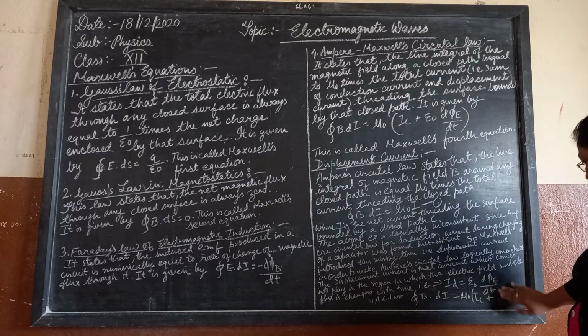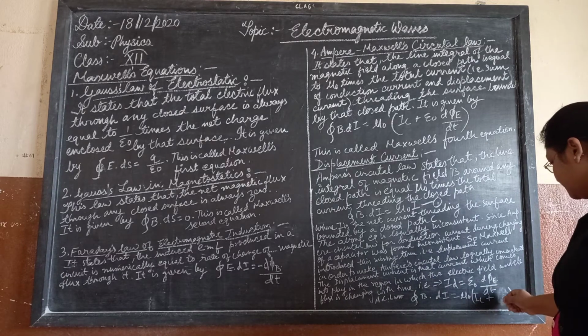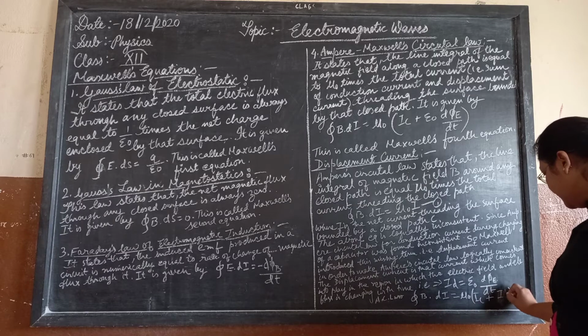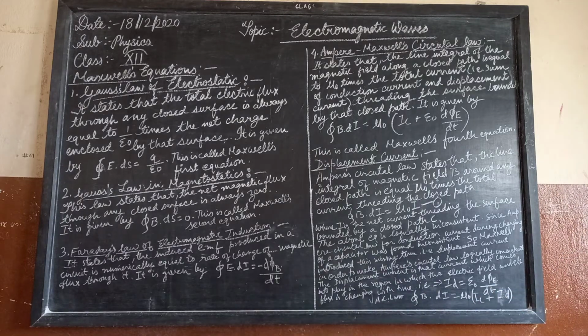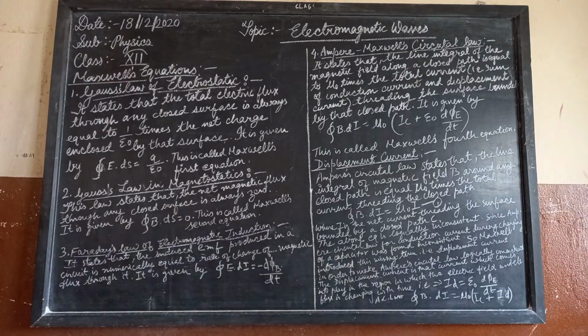I think I have made a mistake here in this particular equation. It will be ID. Sorry, I made a mistake here. It will be ID, because we have introduced ID here, the displacement current, and the other term is the conduction current itself. So it will be mu 0 times IC plus ID.